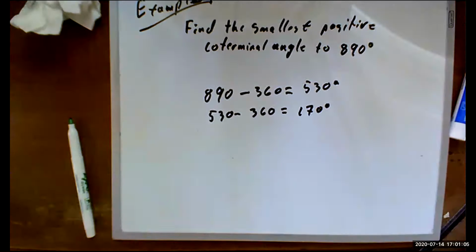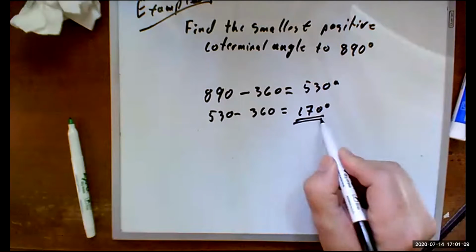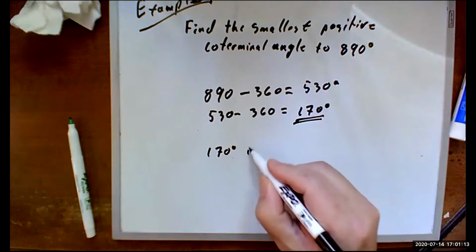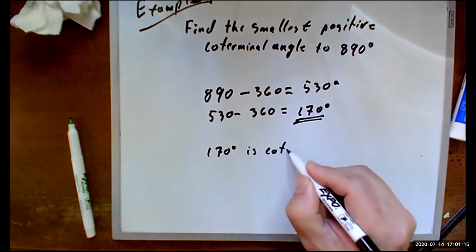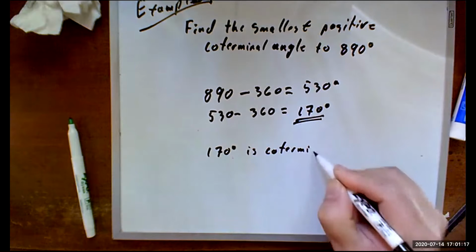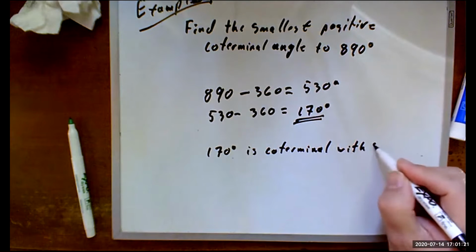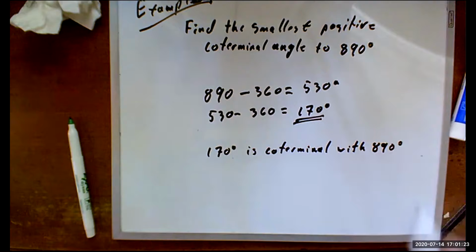Now, 170 degrees is smaller than 360. So that's the number we want. And we can say 170 degrees is coterminal with 890 degrees.